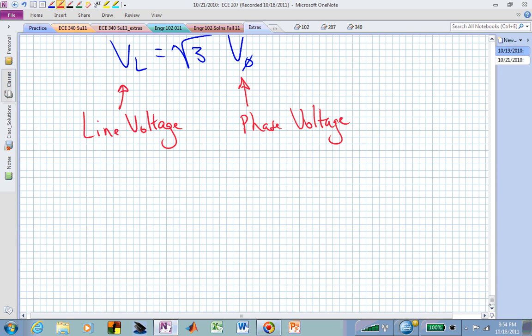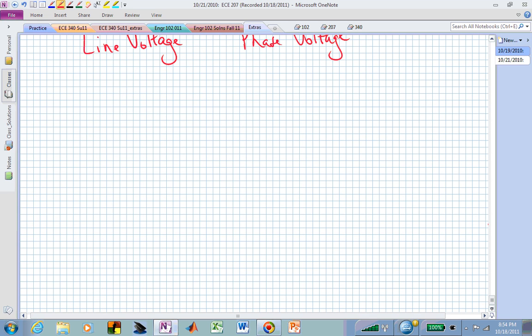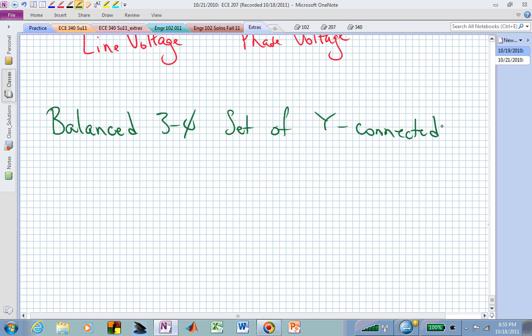Once we have a set of balanced three-phase sources, we can combine that with a set of loads, and let's just look at a simple configuration. Let's say that we have a balanced three-phase set of Y-connected sources and loads.